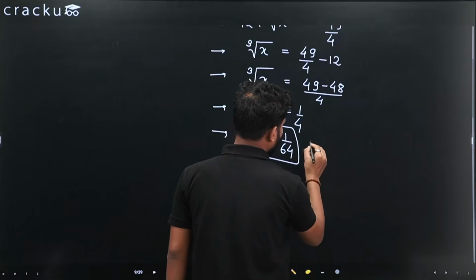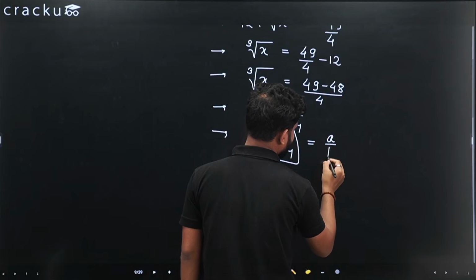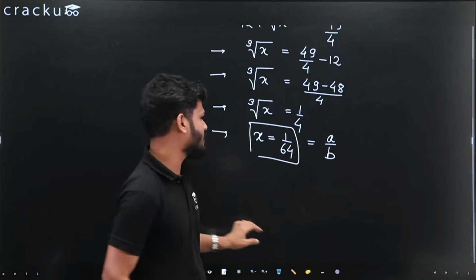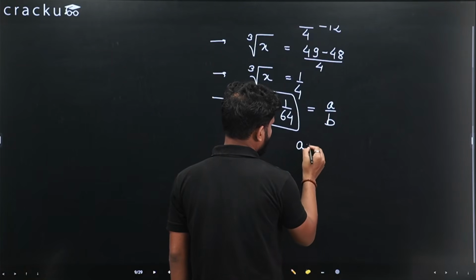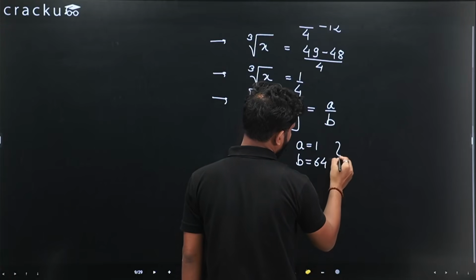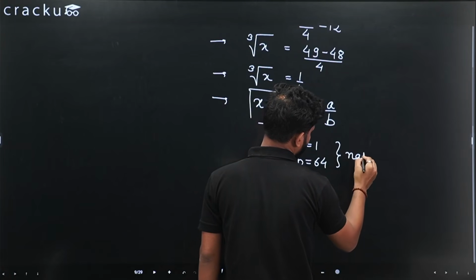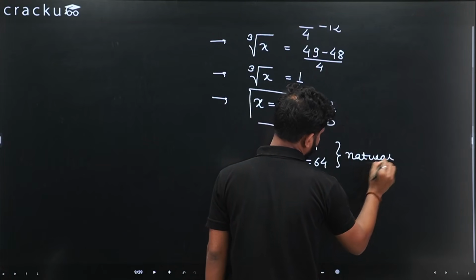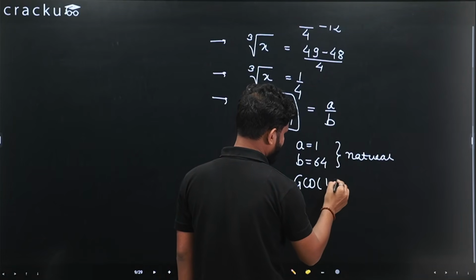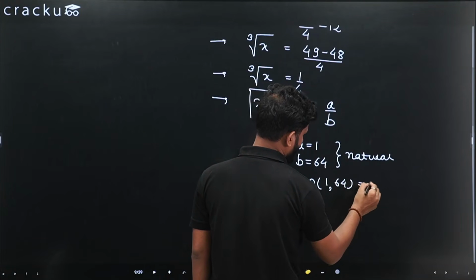And this is equal to a by b, such that a and b are natural numbers and GCD of a and b is 1. So if you put a is equal to 1, b is equal to 64, then both of them are natural numbers, and GCD of 1 and 64 is also 1.